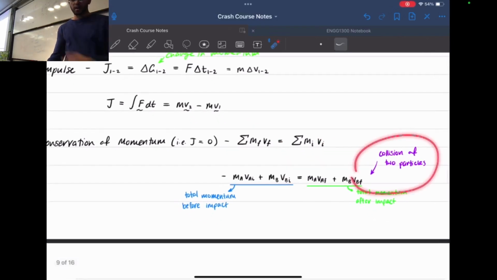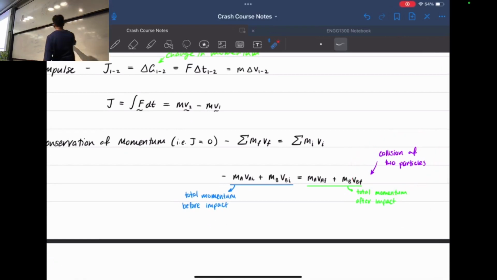And when you have two particles colliding, something like this, this is A, this is B, it's moving with velocity A. This has a mass A, mass B, and when they do collide, they have a force that acts on each other.